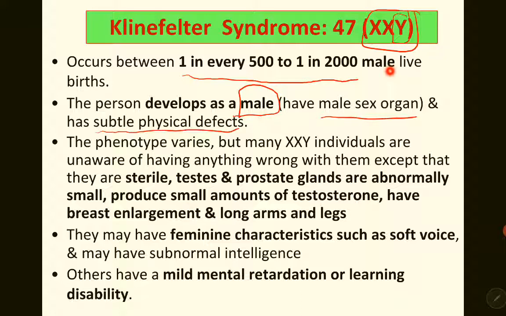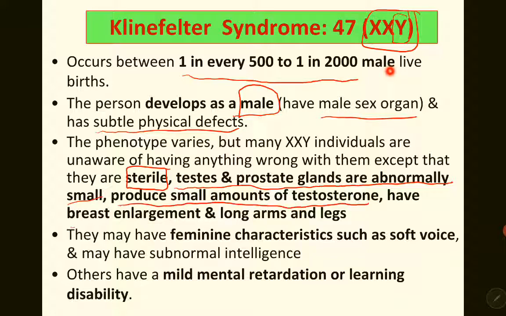The phenotype varies, but many XXY individuals are unaware of having anything wrong with them, except that they are sterile. Okay, they are sterile. Testes and prostate glands are abnormally small and produce small amounts of testosterone.